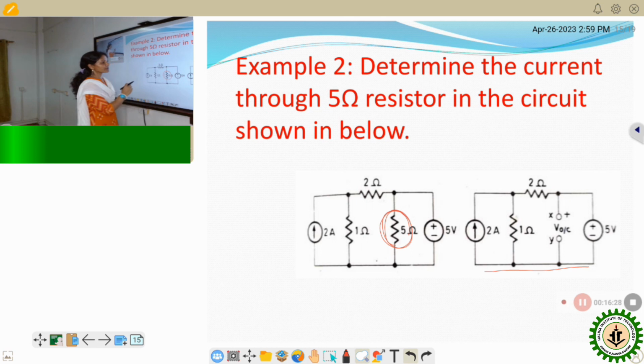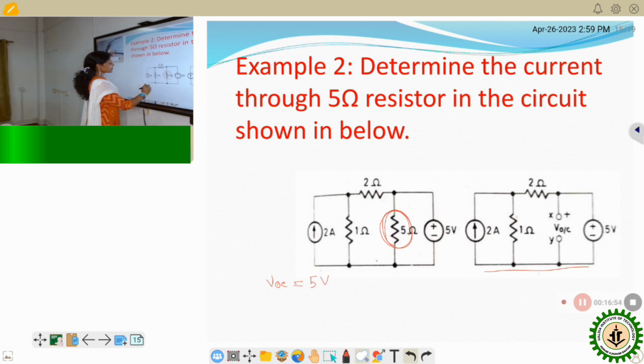After removing the 5 ohm resistor, calculate VOC. So VOC will be equal to what here? As this terminal is directly connected to this 5 volt, VOC, the open circuit voltage, will be equal to 5 volt.